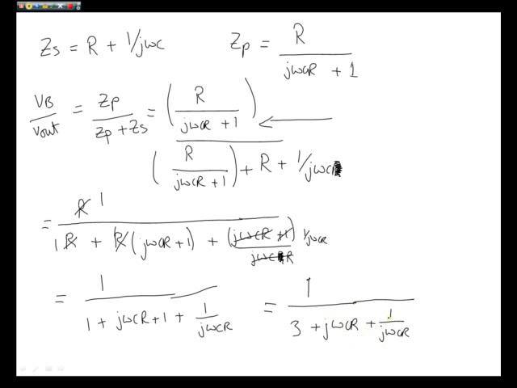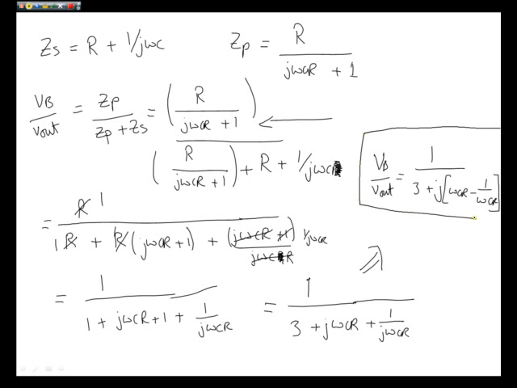Again, one little simplification that we can do, because we've got j and j in the same terms here. We're left with VB over V out is equal to 1 over 3 plus j into omega CR, and because the j was in the denominator, not the numerator, we have the minus 1 creeping in, 1 over omega CR. Okay, and that is the expression that you were deriving for.